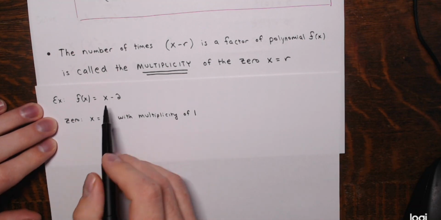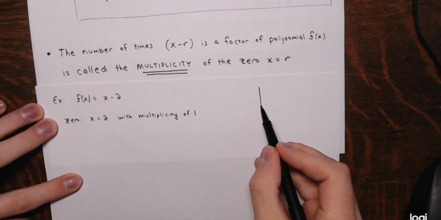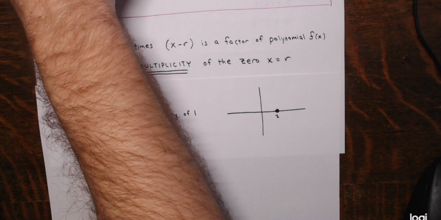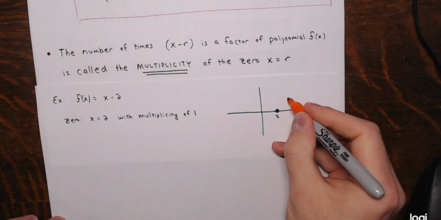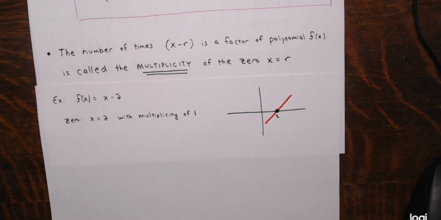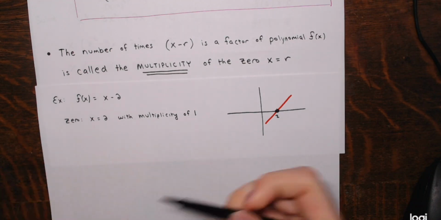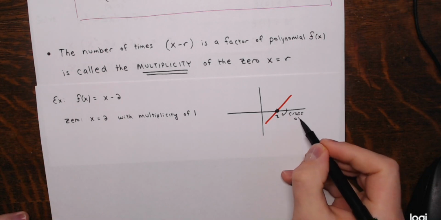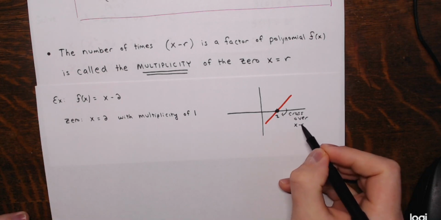There's only one factor of x minus 2. And if you look at the graph, here's 2. There's an x-intercept at 2, 0, and the graph just crosses straight through the x-axis. Let's point that out.